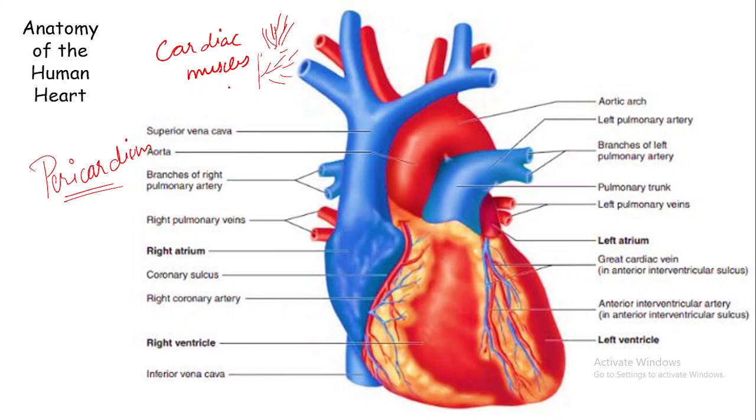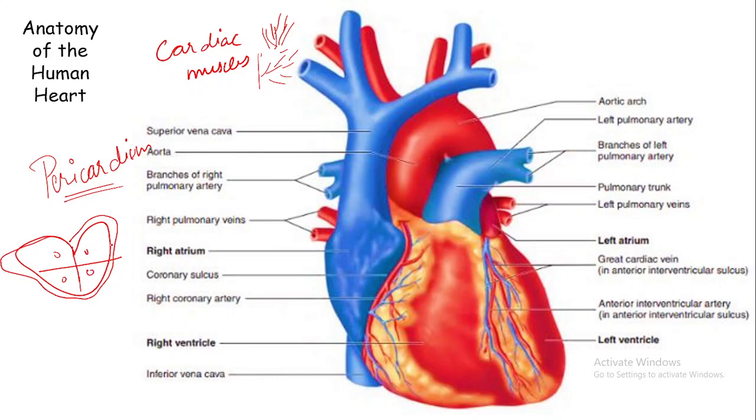Inside, cardiac muscles are there. The heart has an internal hollow region divided into 4 chambers. The cardiac muscle is present only along the wall of the heart. Internally, these are empty regions.